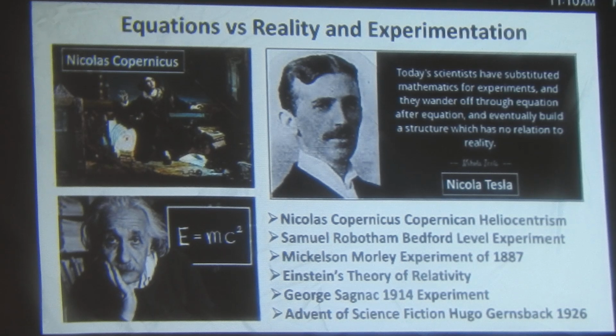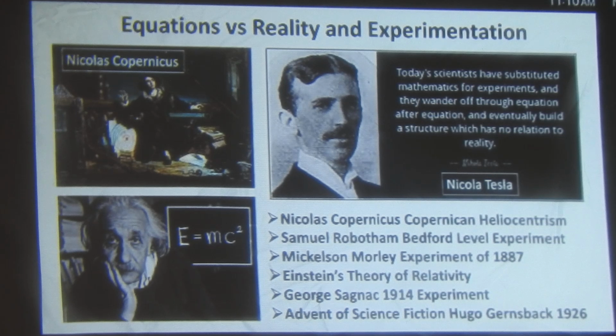As a matter of fact, it turned out so badly for science they had to bring in Albert Einstein, who then had to say, hey, we need an equation, because what we're experiencing in reality requires an equation. So Einstein's theory of relativity was the answer to that. But again, science came back. George Sagnac in 1914 conducts the same experiment as Michelson-Morley and gets the same result.